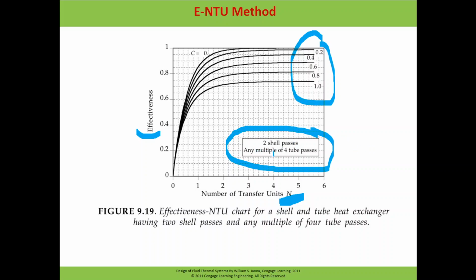So any multiple of 4 tube passes, like 4 passes, 8 passes, 12 passes, and 16 passes, but the number of shells is always 2. So this is about how we calculate the final temperatures using the ENTU method.